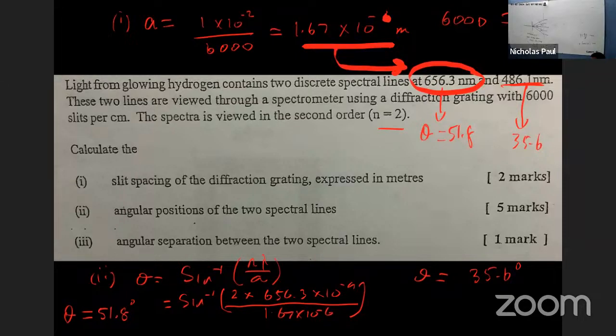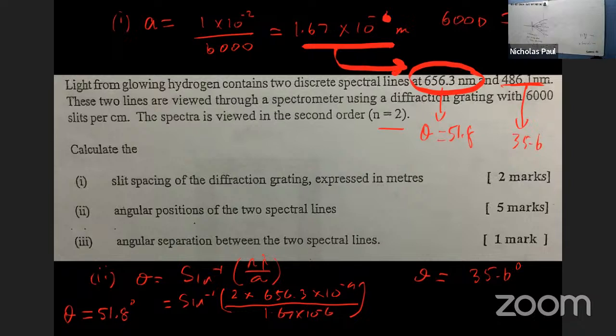When the wavelength is bigger, the angle will be larger. And the reason is the opening is now much smaller than the wavelength. Once the opening is smaller than the wavelength, you will have more diffraction, so the angles will be larger. When the opening, like for 486, is not as small when compared to the wavelength, you'll have less diffraction.